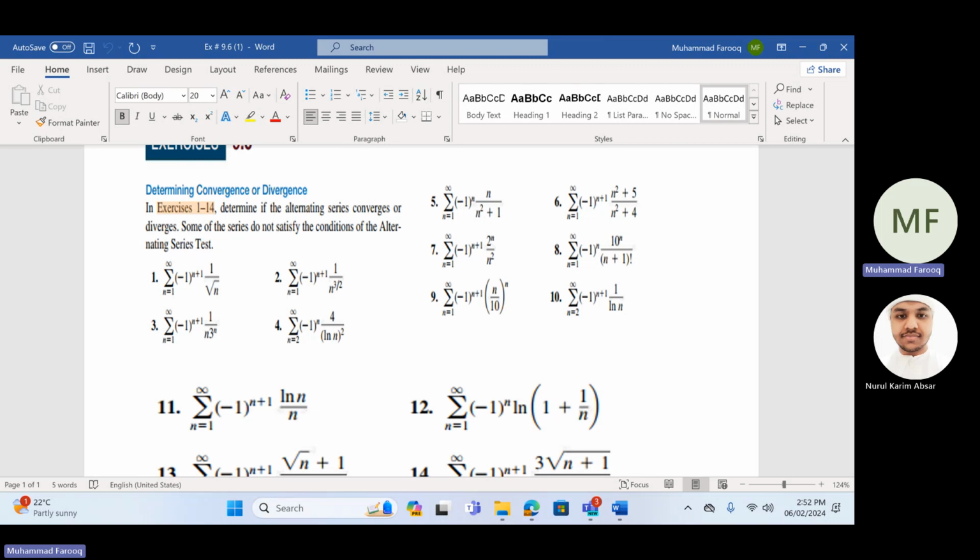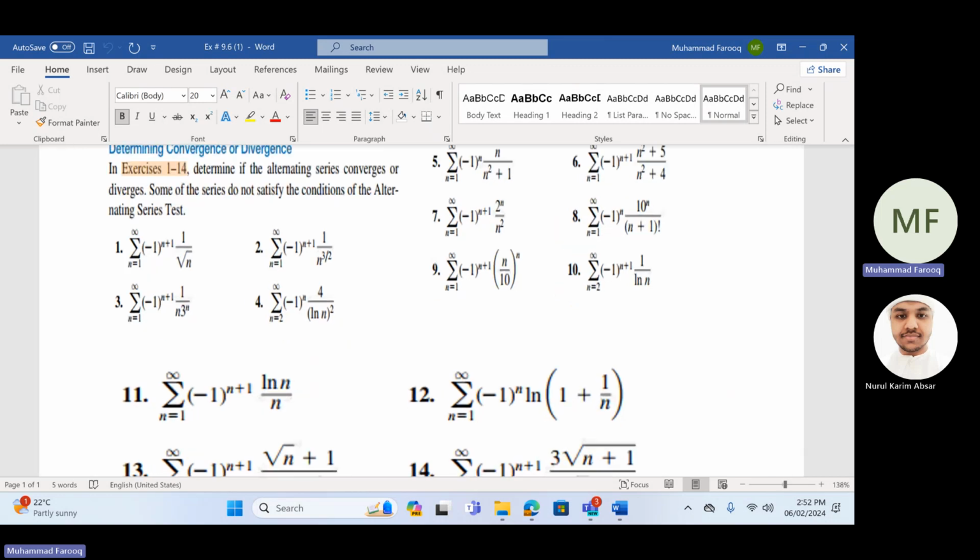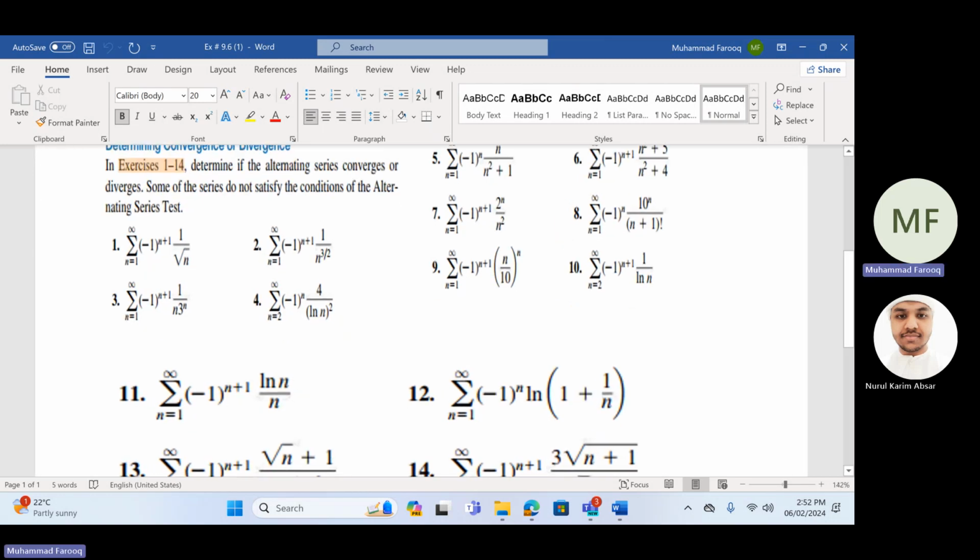For example, take question 4. By using the alternating series test, AST, check whether the series in number 4 converges or diverges. My first question: is it alternating?